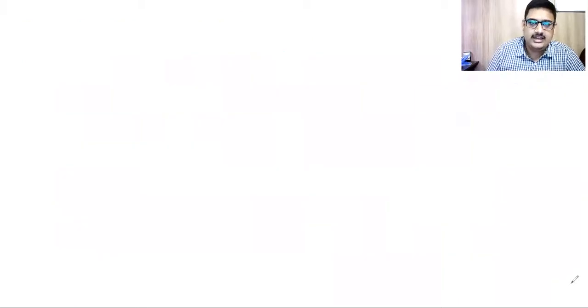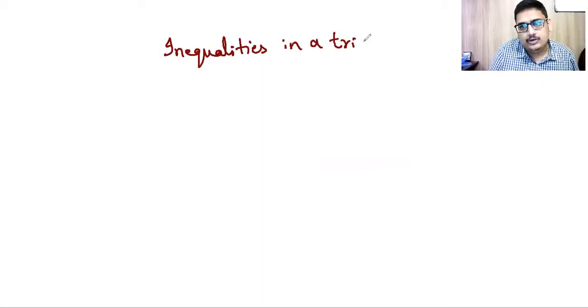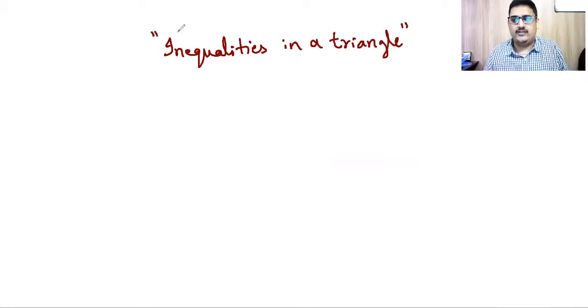Then let's study the most important part and most confusing part, that is inequality. Inequalities in a triangle. As the name suggests, so far we studied equality. Equality means we said 3.5 centimeter is equal to 3.5 centimeter, 65 degrees is equal to 65 degrees. That means the exactness of the parts, we call equalities.